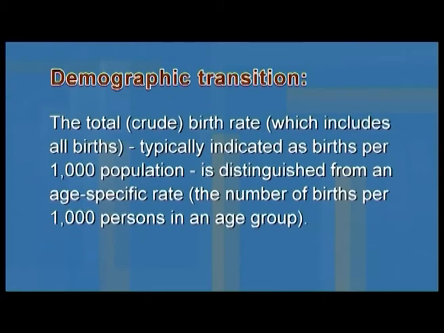The total birth rate, which includes all births, typically indicated as births per thousand population, is distinguished from an age-specific rate, which is the number of births per thousand persons in an age group.